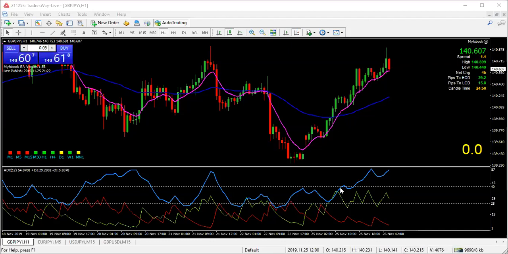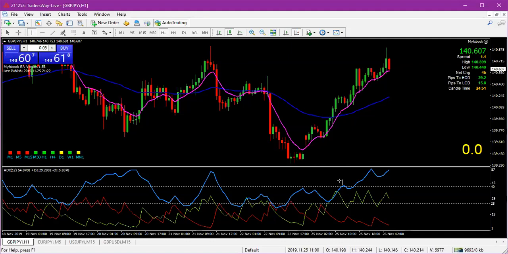And if we do, look what happens. If I line up this blue line to my entry candle, let's put a line here. Let's line it up.